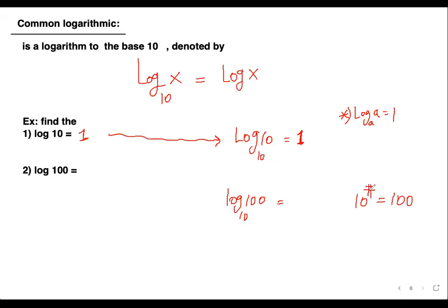This 10, to which power gives me 100? 10 to the second power. Exactly, it's to the second power. So the answer is 2. Correct.